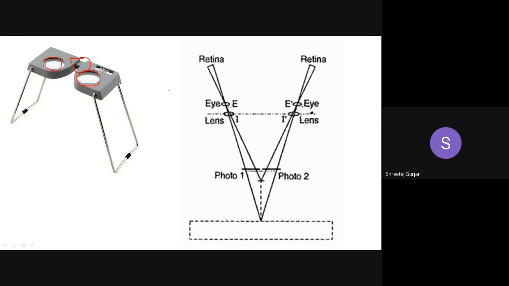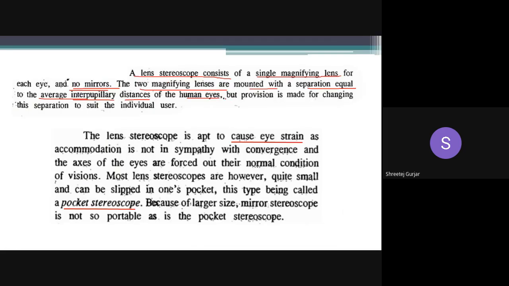So that is one thing you have to explain if they ask you in the exam. Provision is made for changing the separation to suit the individual user. I've told you they have given us the provision to change the distance between the two lenses. Okay, a lens stereoscope is apt to cause eye strain, meaning it will cause your eyes to strain.